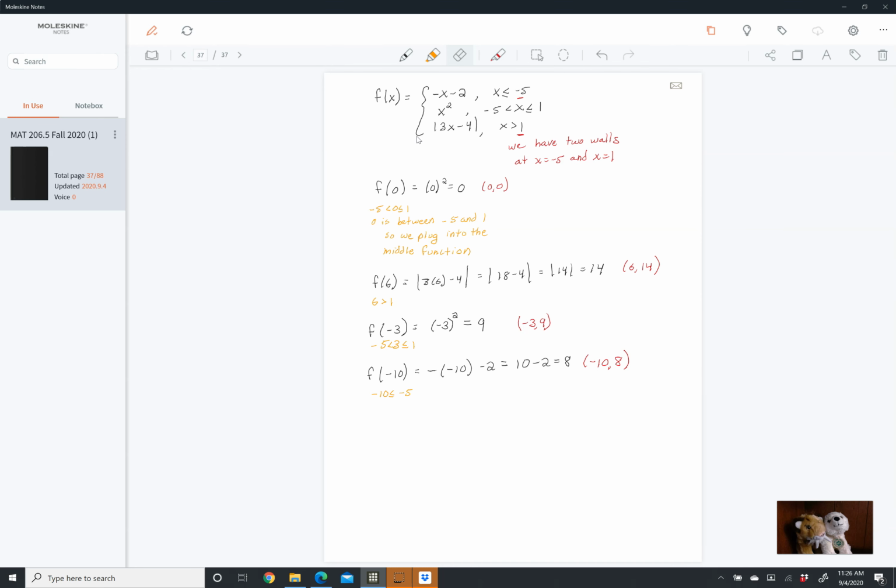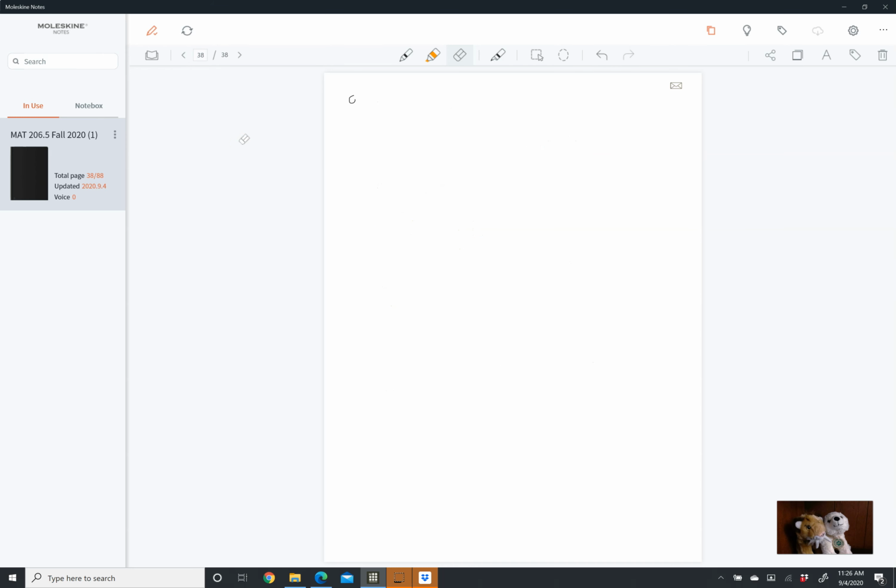So, 2 examples. First example. f of x is equal to negative 2x plus 1, and that will be for any x that is less than negative 1.